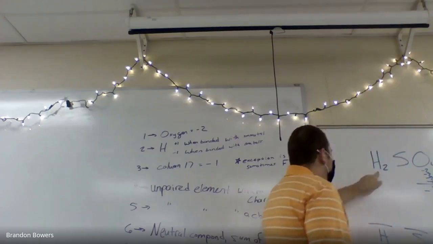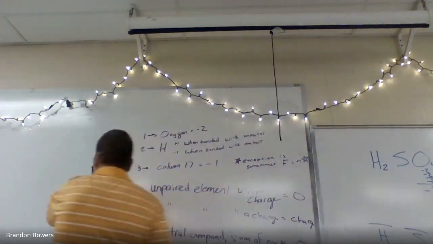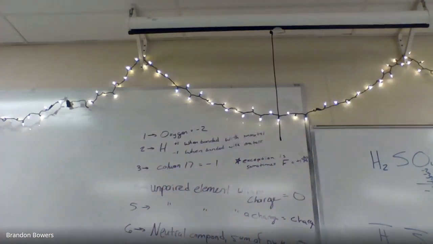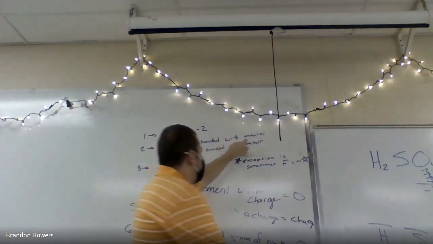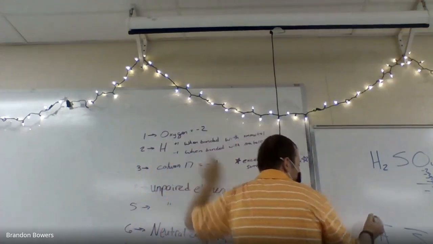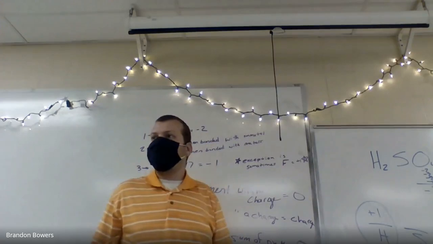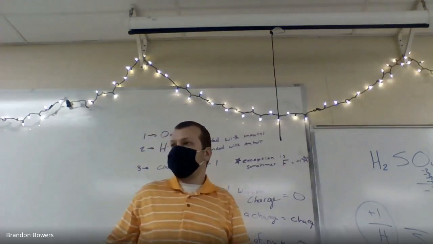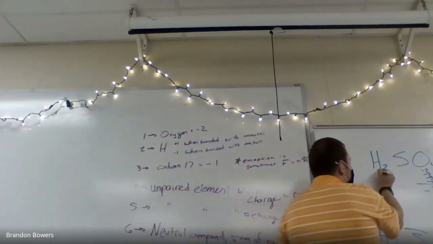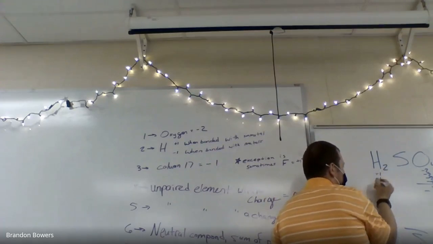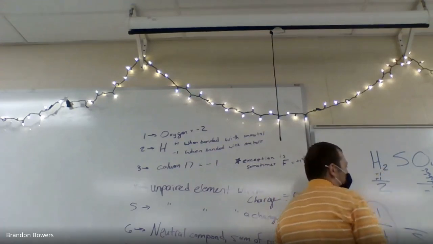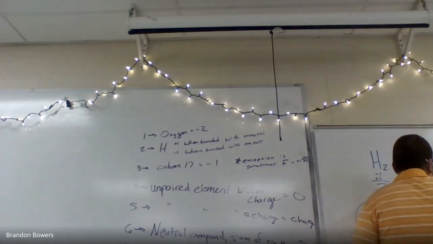Hydrogen. Is there a rule about hydrogen? Absolutely. Okay, when bonded with nonmetals, hydrogen is +1. Holy smokes, I got 2 of my answers. Okay, so I have 2 +1s. So that's 2. Is there a charge up here?